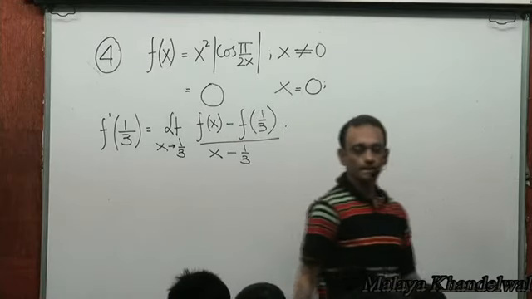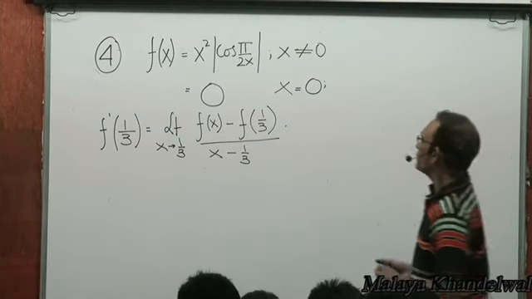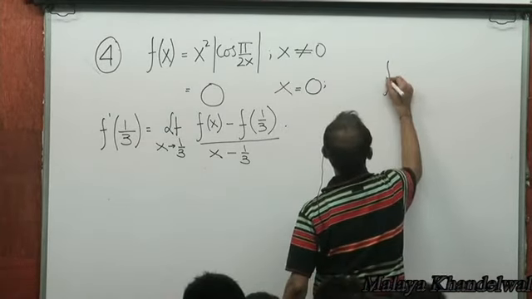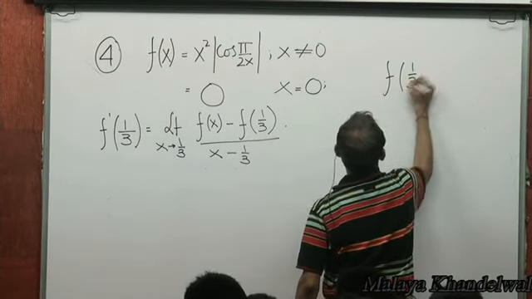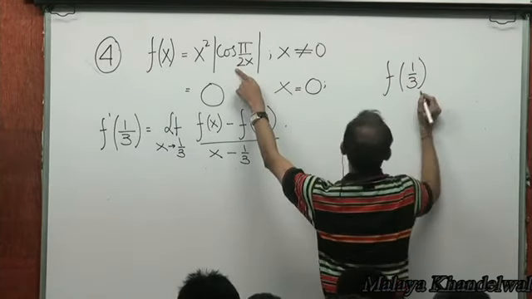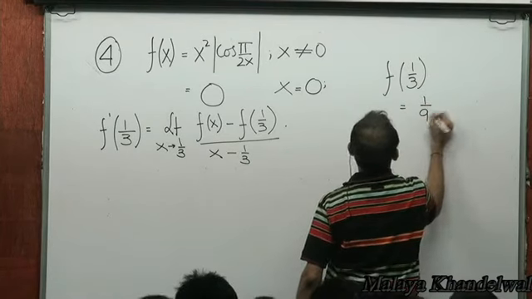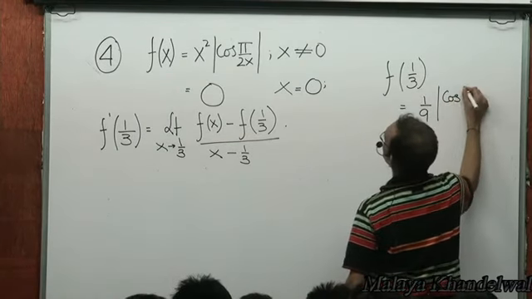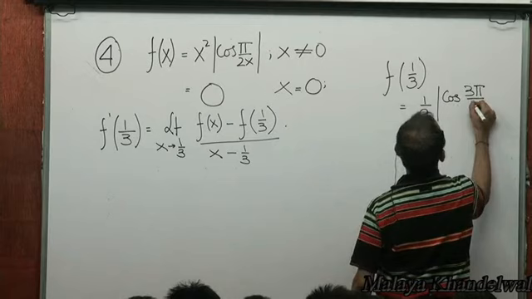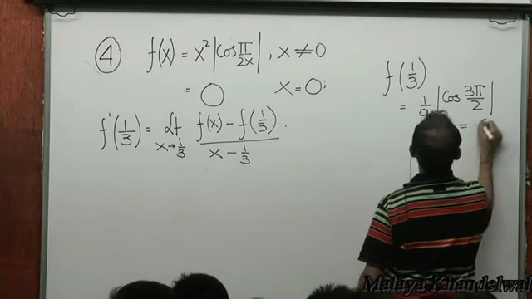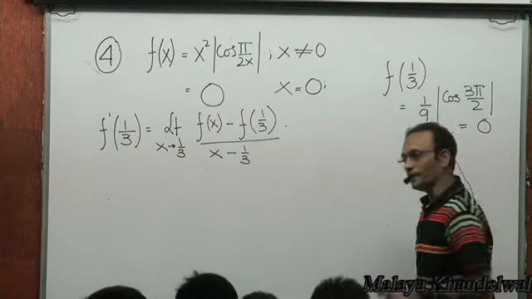Yes or no? Now what is f(1/3)? It would have to be obtained from this. That's going to be 1 by 9 mod cos 3 pi by 2, which is 0. Right? Okay.